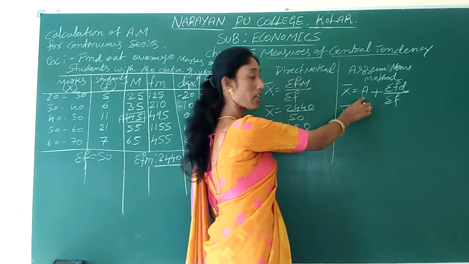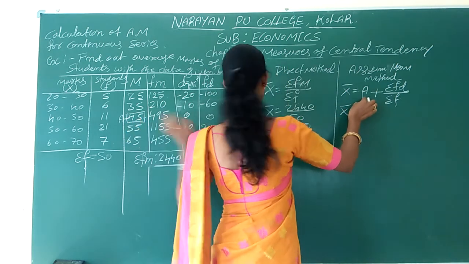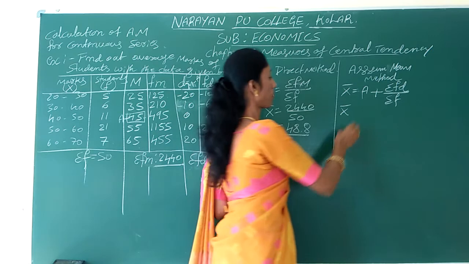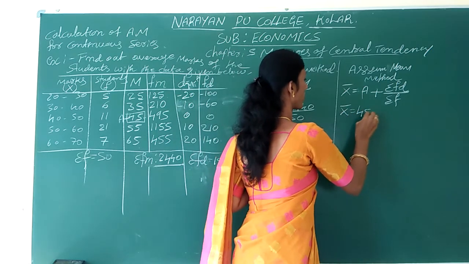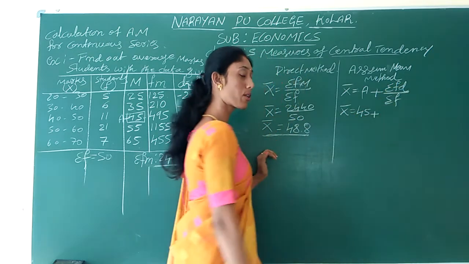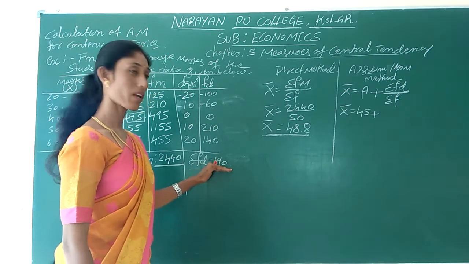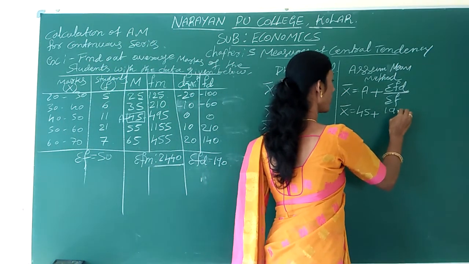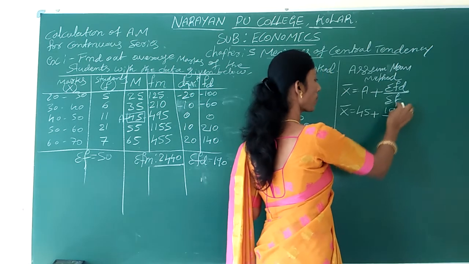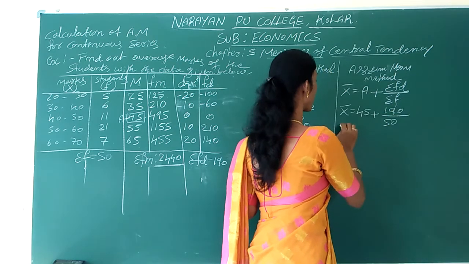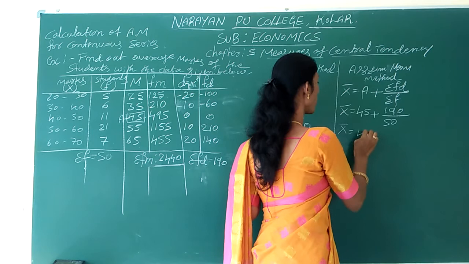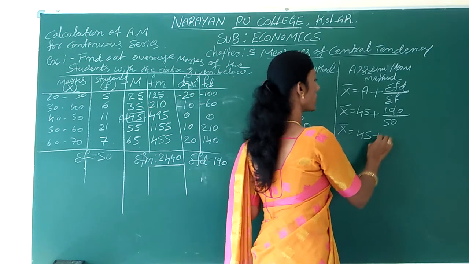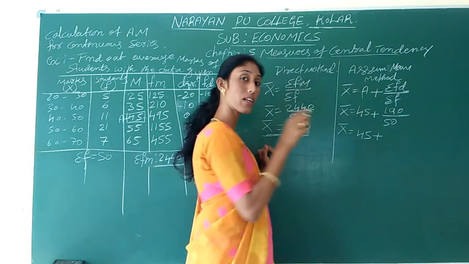What is the assumed mean? The assumed mean we have taken is 45, plus sigma f into d, how much? 190, and sigma f is 50. X bar is equal to 45 plus 190 divided by 50.